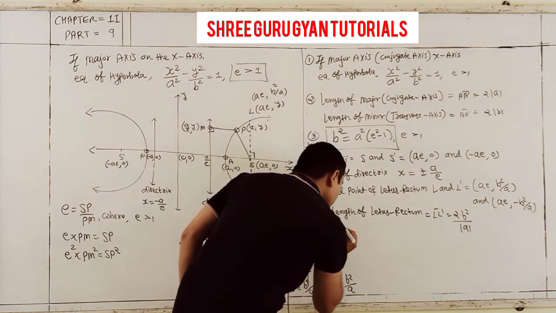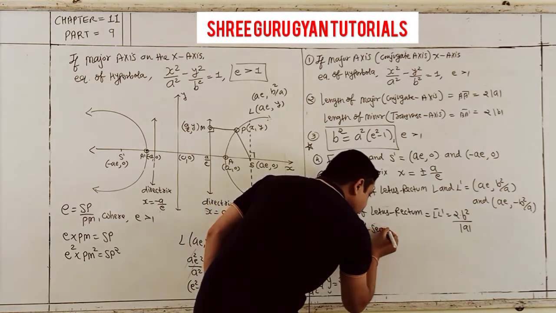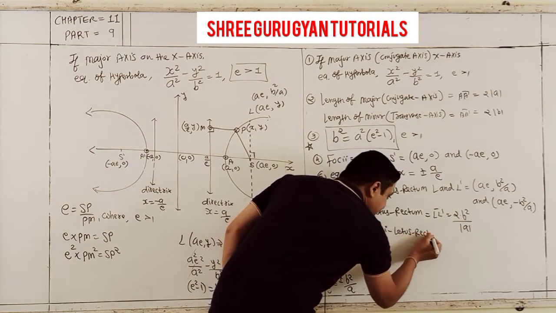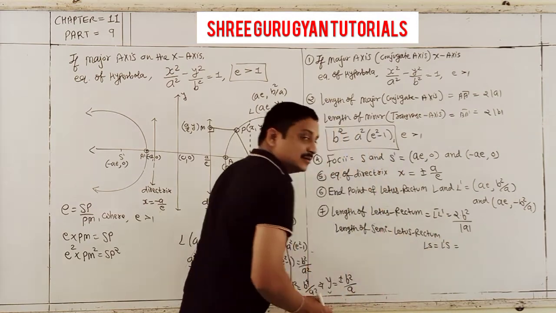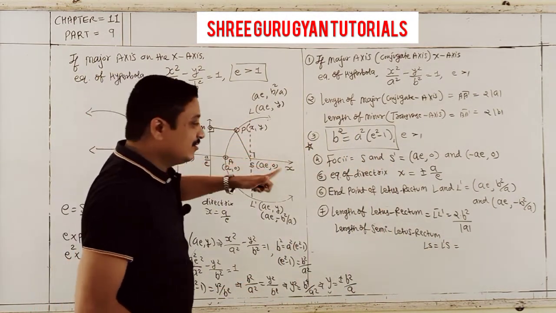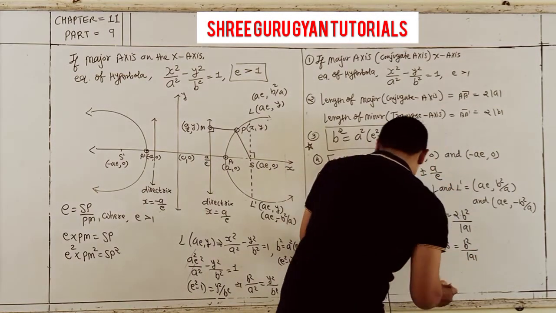Next, continue, length of semi latus rectum. Semi latus rectum, semi means L to S, or L dash to S. This one, either this half or that half. Very easy. This divided by 2 means b square by modulus a.